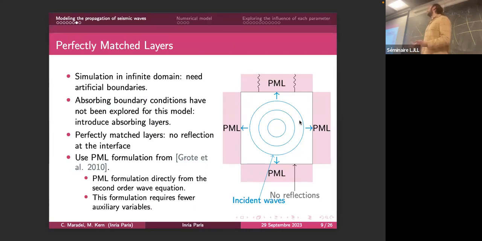We could have used what we call absorbing boundary conditions, but on this model that we use, it has not been explored. So we're going to use perfectly matched layers. We're going to extend the domain by a layer, and when a wave goes through that layer, it's going to disappear completely. So that's what we're going to do.